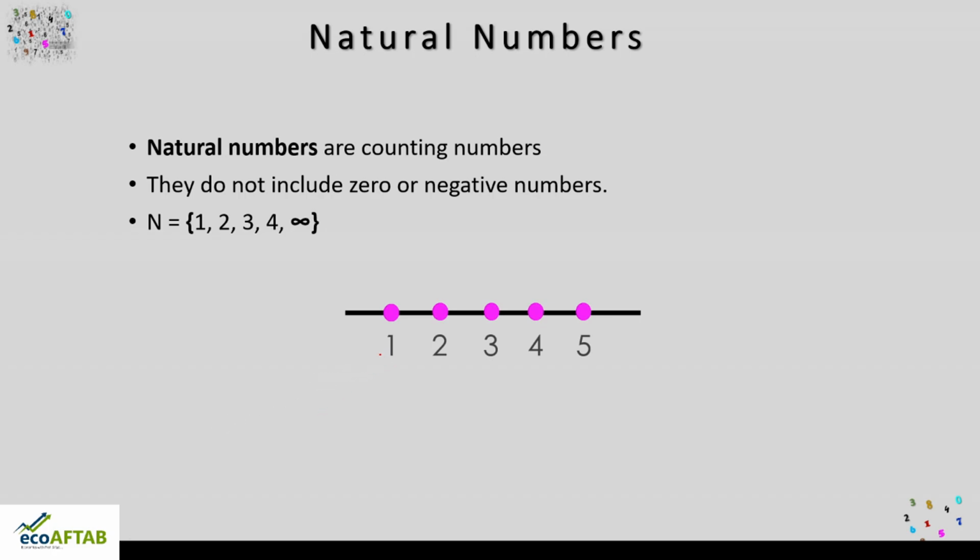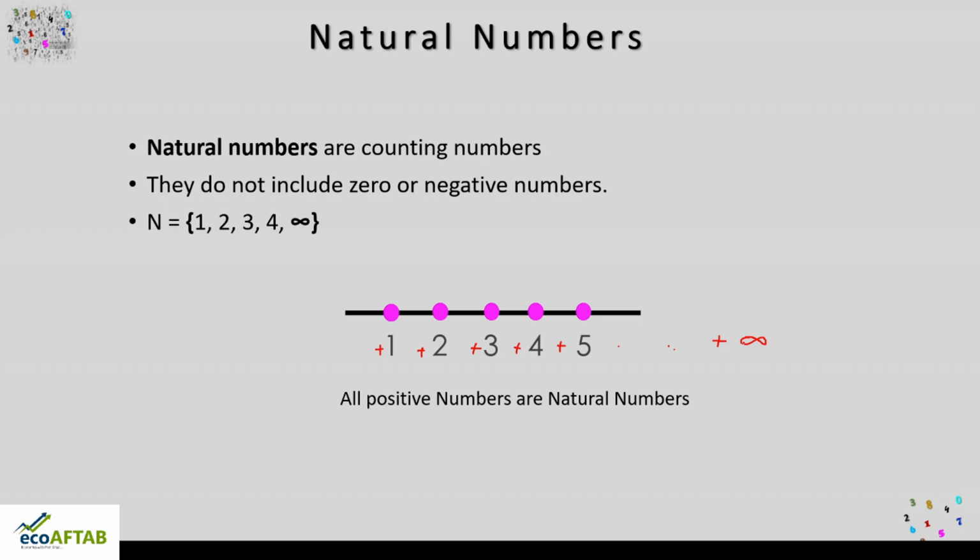So here we are speaking about plus 1, plus 2, plus 3, plus 4, plus 5. This goes up to positive infinity. So all positive numbers are natural numbers.